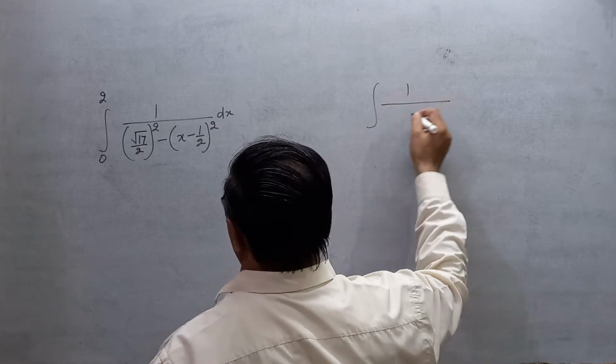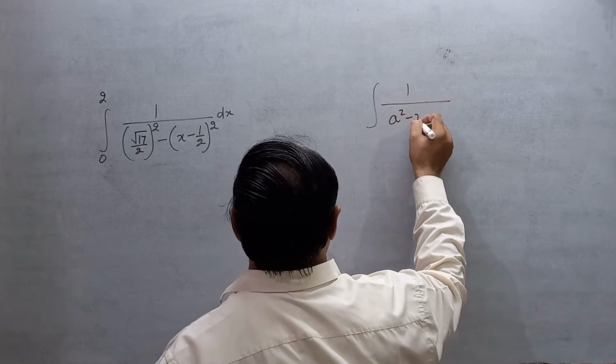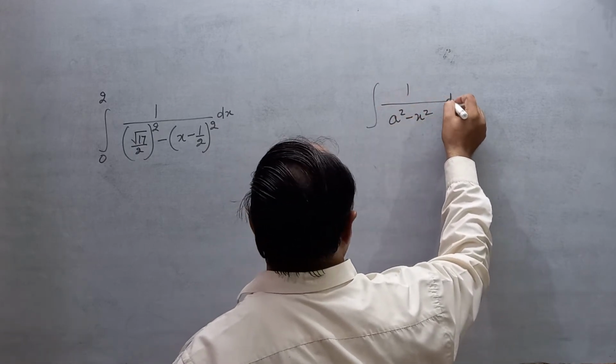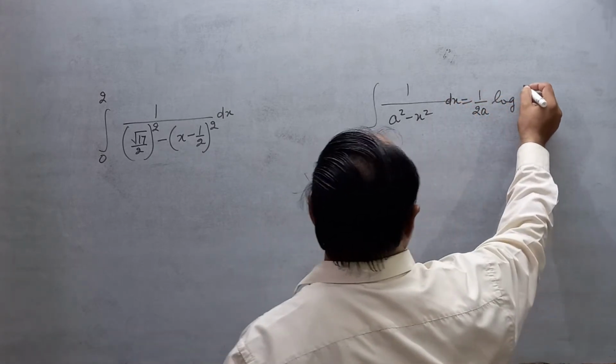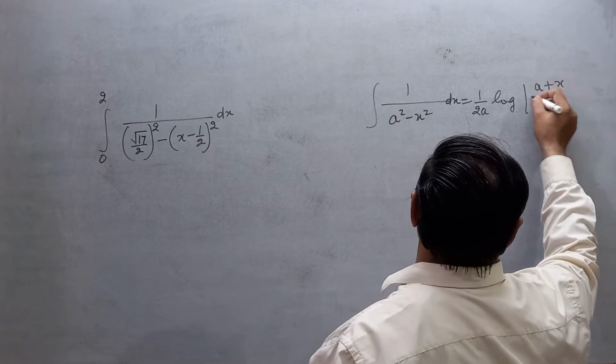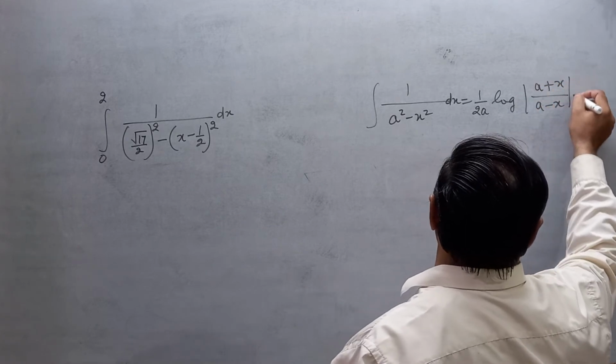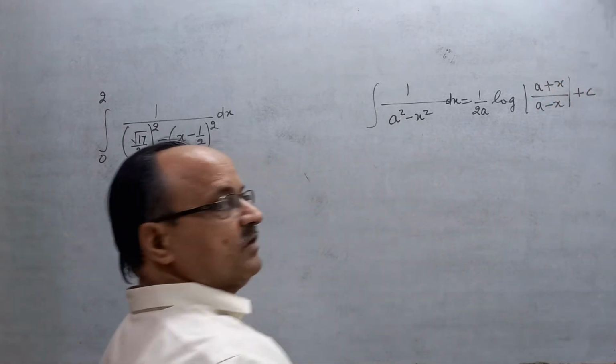The formula of this is integration 1 upon a square minus x square, which is 1 by 2a log of a plus x upon a minus x. Apply this formula in this question.